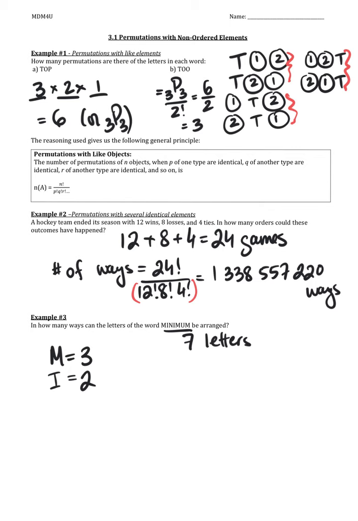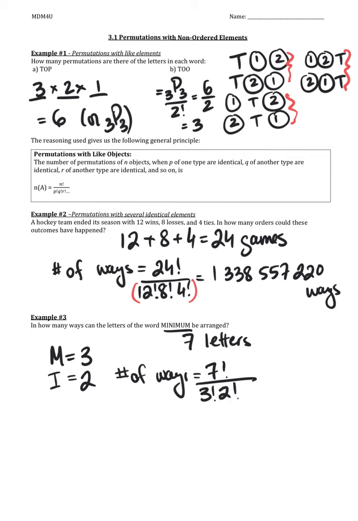So here we're going to use our formula that we just came up with. So 7 letters, that means 7 factorial. That would be with the repetitions, so with the doubling up with the M's and the I's. So we need to divide out the repetitions. So we're going to divide out 3 factorial times 2 factorial.